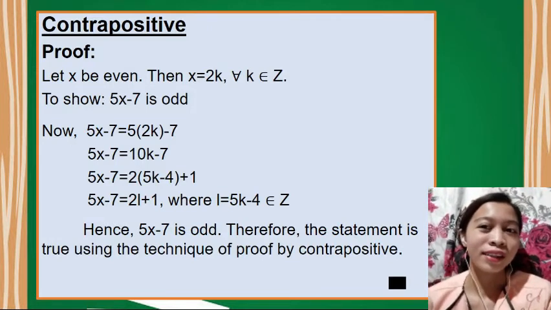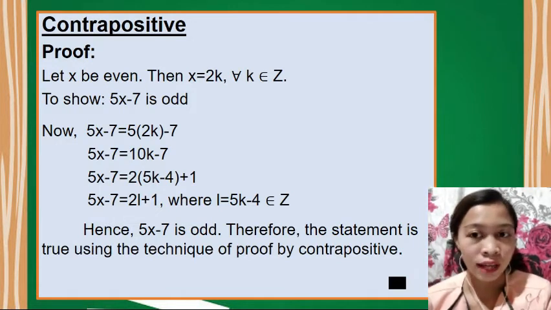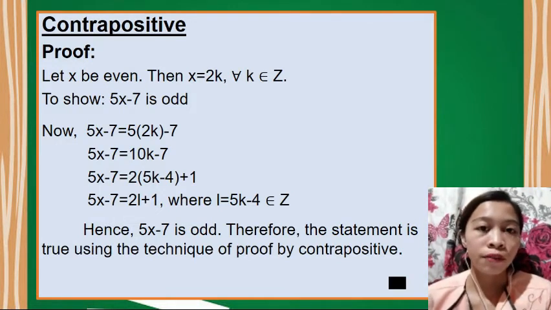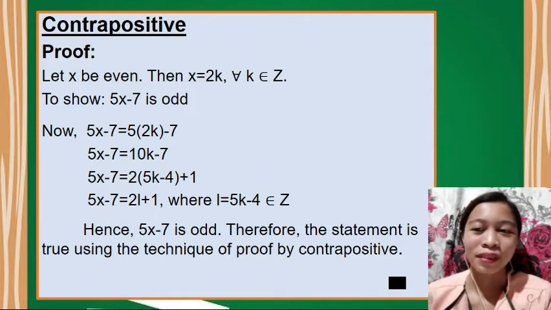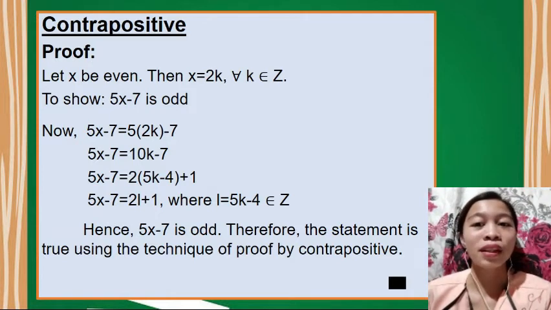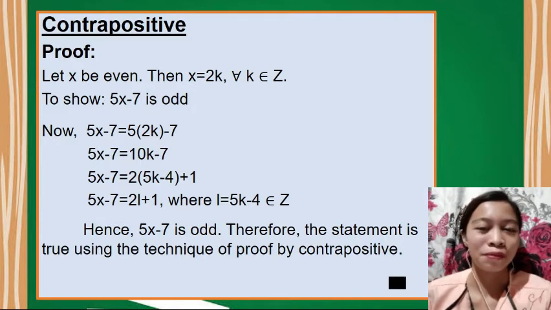Why is it odd? Because any number that we multiply with 2, the answer is even. However, when we add 1 to it, the answer is always odd, right? Therefore, the statement is true using the technique of proof by contrapositive. End of proof.